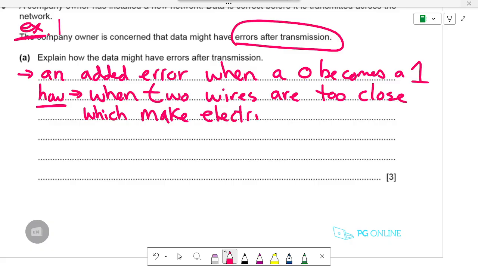Electrical interference. Okay? This can happen in parallel.